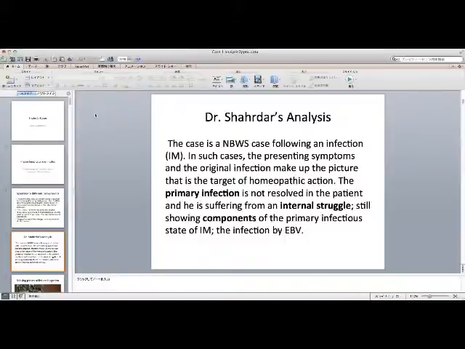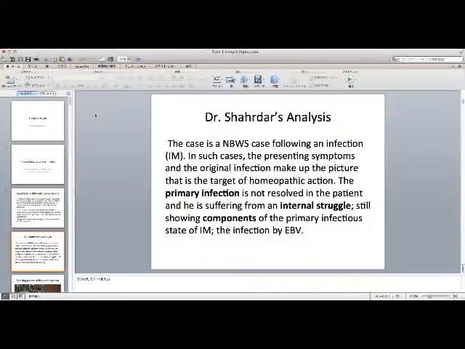The primary infection is not resolved in this patient, and he is suffering from an internal struggle and still showing components of the primary infectious state of IM.